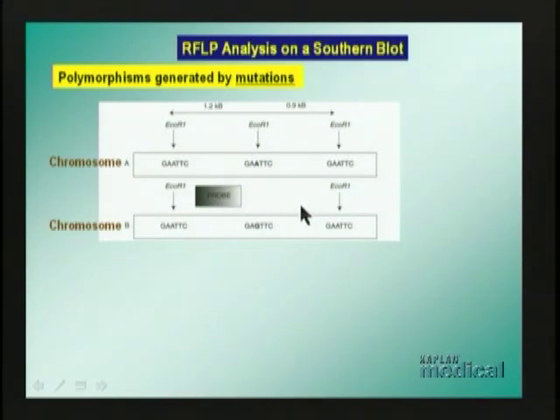Now, in chromosome A, at that portion, let's assume there are 3 palindromes at site 1, 2, and 3. These are going to be 3 palindromes for this endonuclease EcoR1. So if you take chromosome A and add EcoR1, it's going to cleave at site 1, 2, and 3, because there are palindromes for EcoR1, and you'll get fragmentation of chromosome A at those sites.